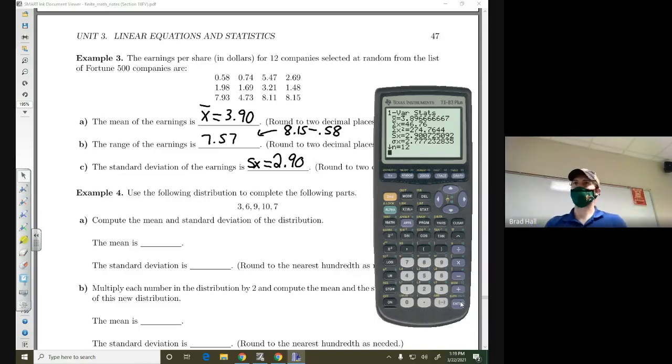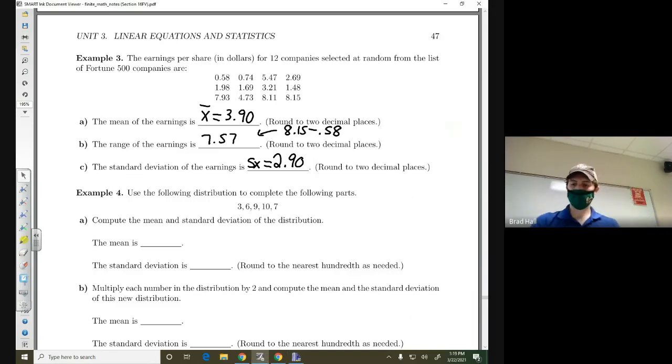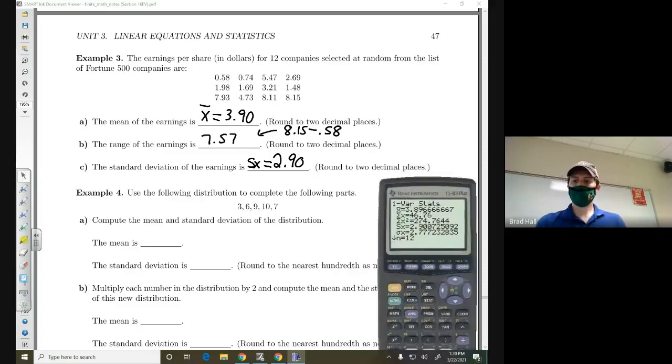So if it helps, standard deviation starts with an S. It's an S. Just make sure you choose the right one. Okay, so that's that problem. So that's just a very quick way of seeing how to figure out the standard deviation in the calculator.